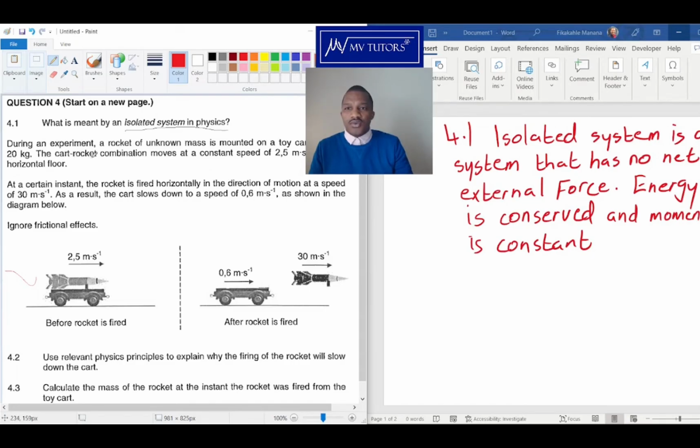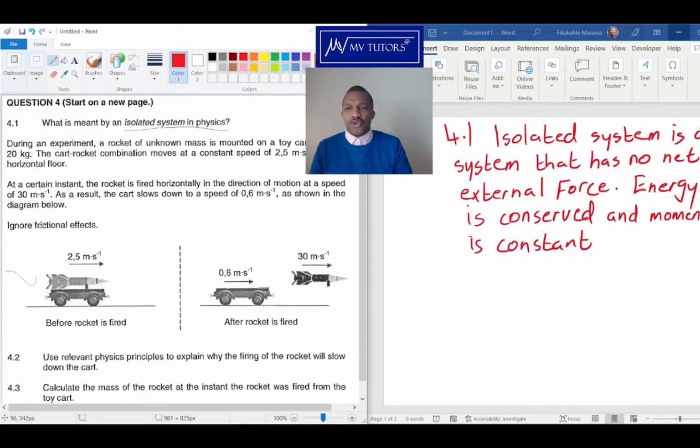The cart-rocket combination moves at a constant speed of 2.5 meters per second along a horizontal floor. At a certain instant, the rocket is fired horizontally in the direction of motion at a speed of 30 meters per second. As a result, the cart slows down to a speed of 0.6 meters per second, as shown in the diagram below.